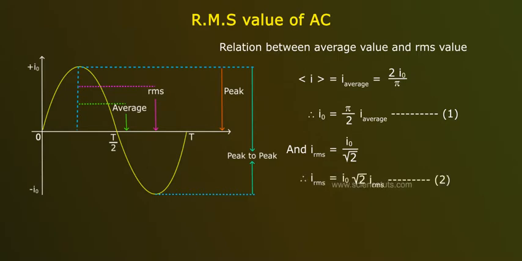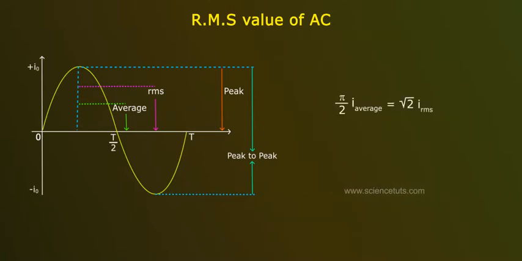Therefore, I naught equals root 2 times I_RMS, equation 2. From equations 1 and 2, we get pi by 2 times I average equals root 2 times I_RMS. I_RMS equals pi by 2 root 2 times I average.